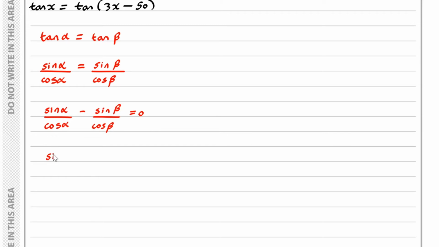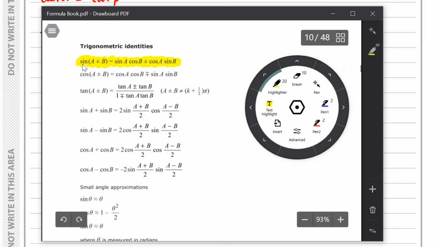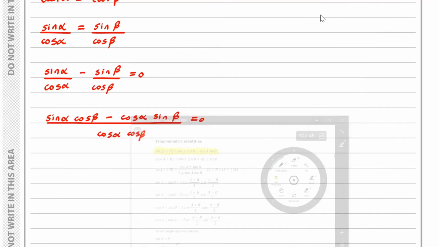So we have sine alpha cos beta minus cos alpha sine beta over cos alpha cos beta, and this is equal to 0. And if you take a look on the formula book, sine of a minus b is equal to sine a cos b minus cos a sine b.